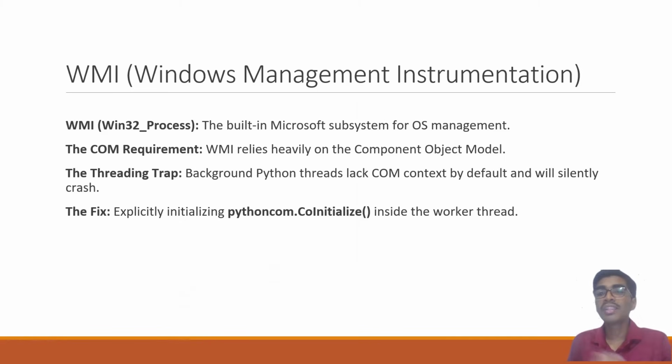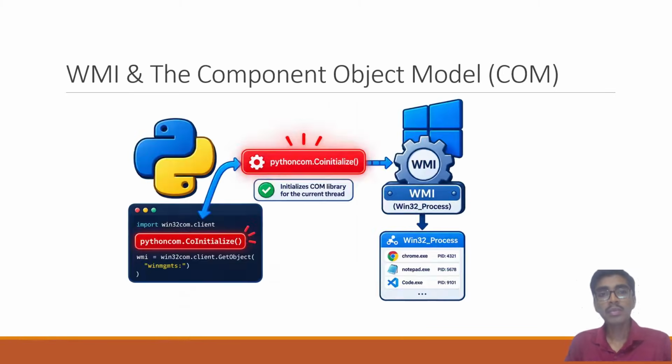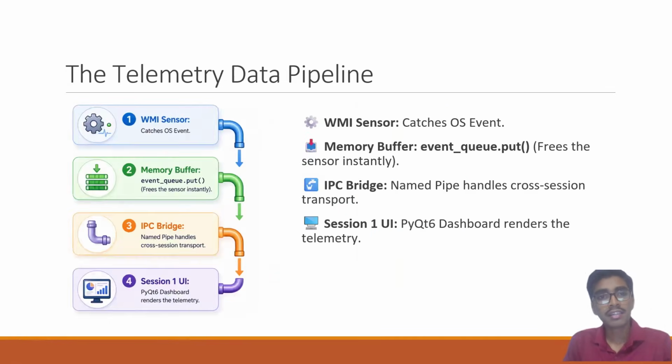To communicate between COM and Python, we are required to use an additional library, pythoncom, and in that the CoInitialize function. In the diagram, as you can see, pythoncom.CoInitialize initializes the COM library for the current thread, and WMI then gets notified from the kernel-level notification and gives the process information to the thread.